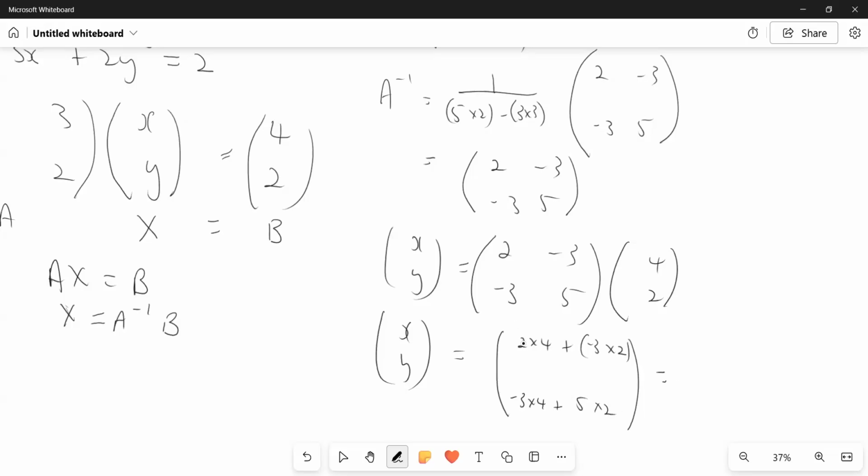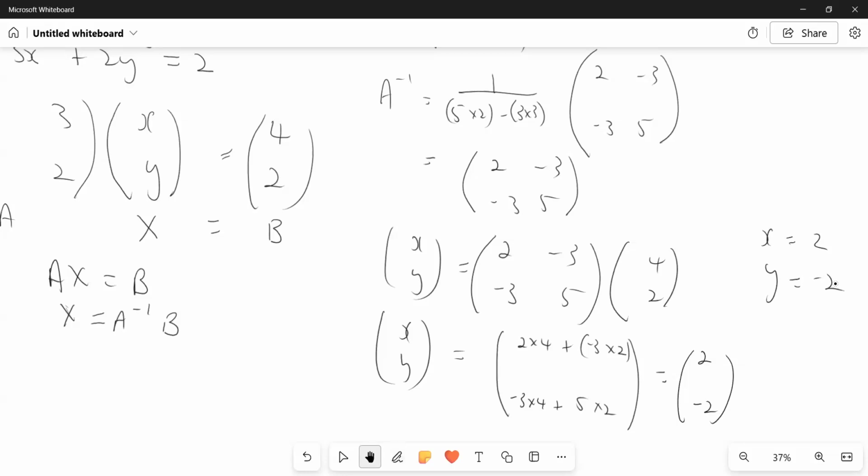So 2 by 4 is 8. 8 minus 6 is 2. Minus 3 by 4 is minus 12 plus 10, we get minus 2. So X equal 2, Y equal minus 2.